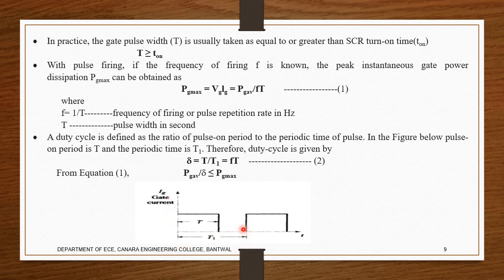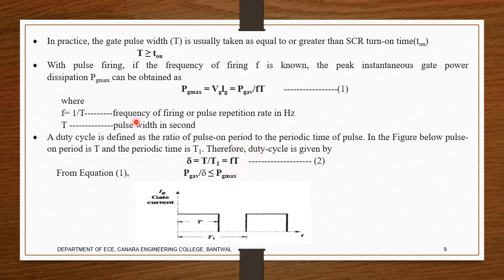As defined here, F equals 1 by T1, so we can define delta in terms of F into T.